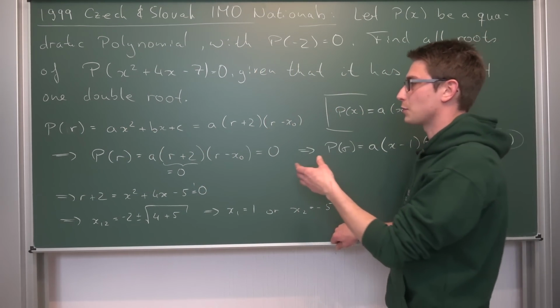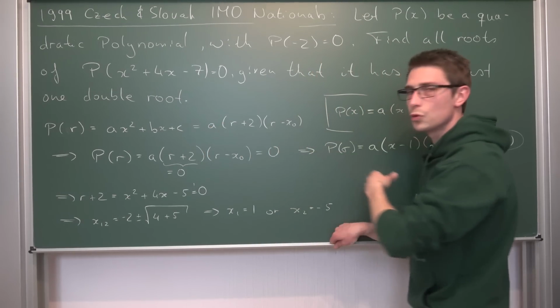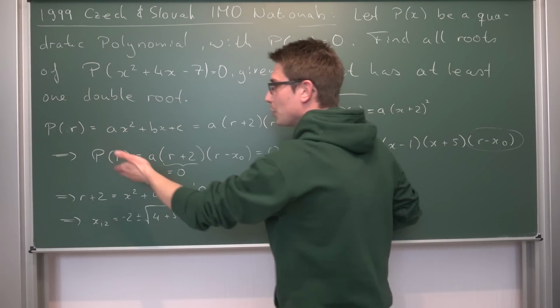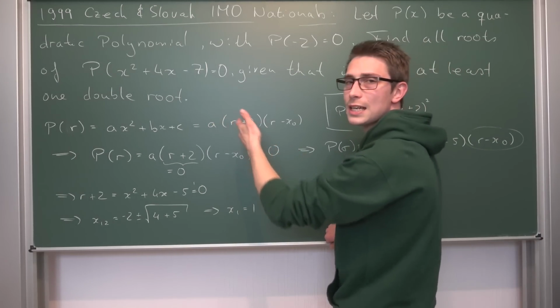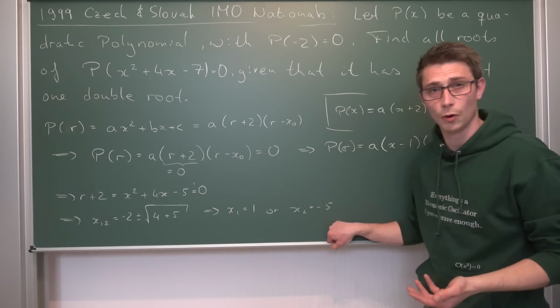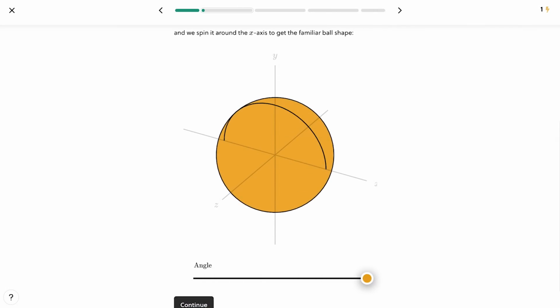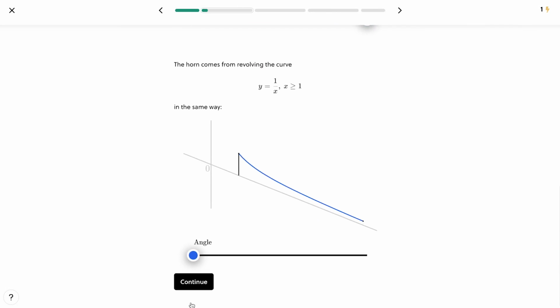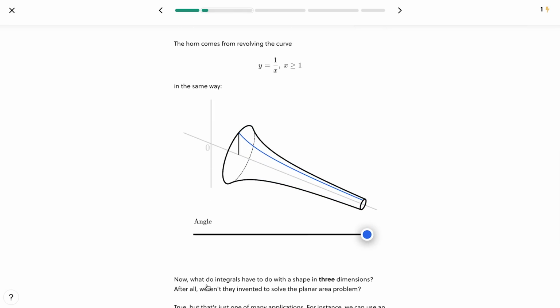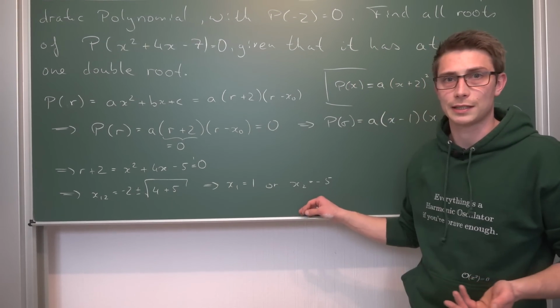I said at the start of the video that this a right here is not going to play into our roots at all, because we can factor it out at first, and under the condition that it's not equal to 0, we can just cancel it out by setting everything equal to 0. But why is it that way? Check out Brilliant and their course on parabolas, and you're going to see intuitively with a bunch of graphics how this is working out. And this is not the only instance where you can do something like this.